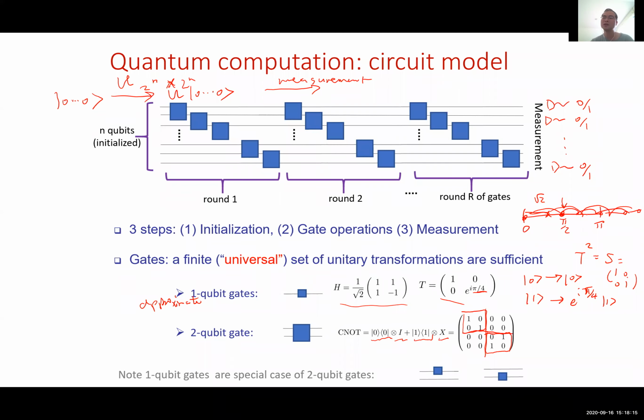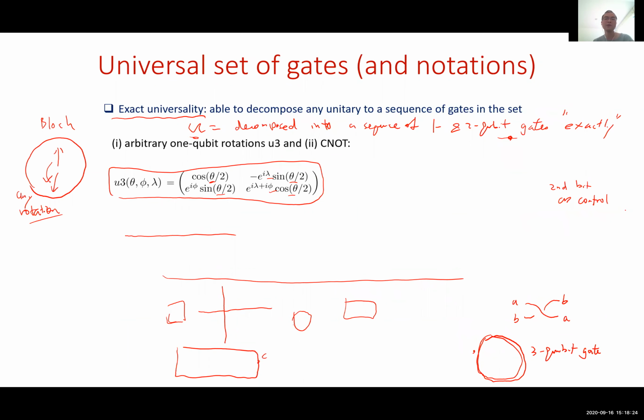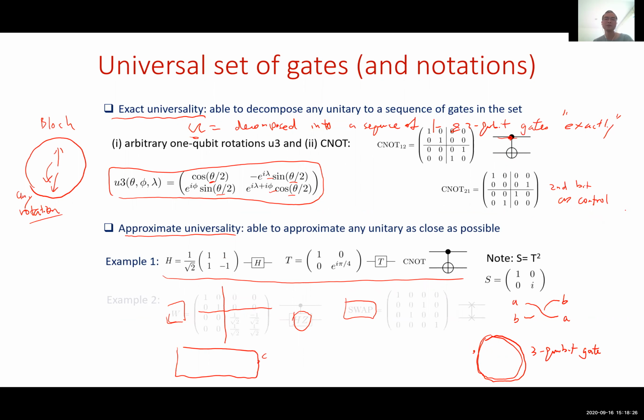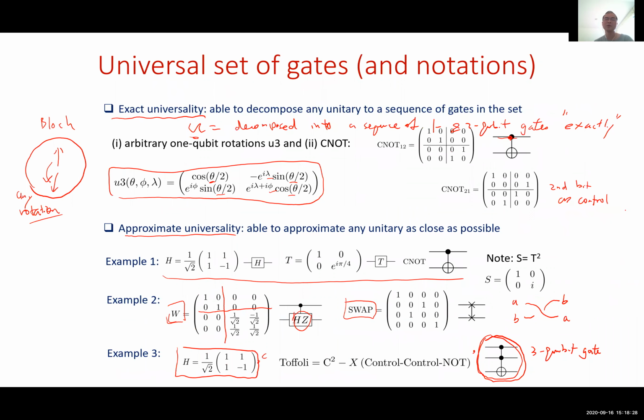And in the end, this will fill the interval, right? So this is the idea of approximation. But you could also have exact. You don't need to approximate. You just decompose into many gates using these general rotations, if you allow these angles to vary continuously.